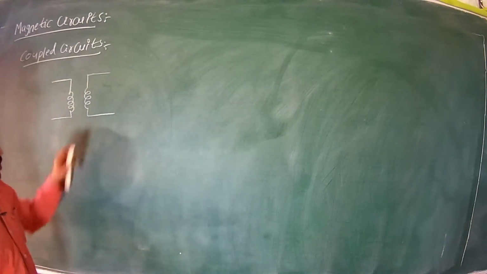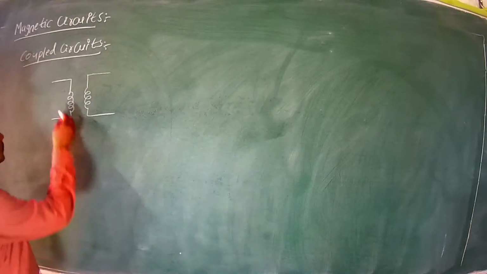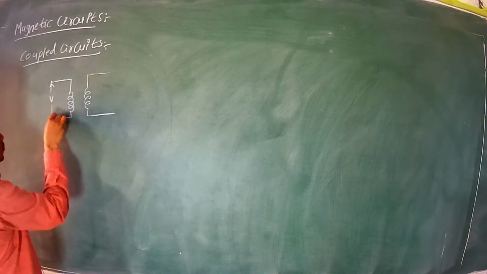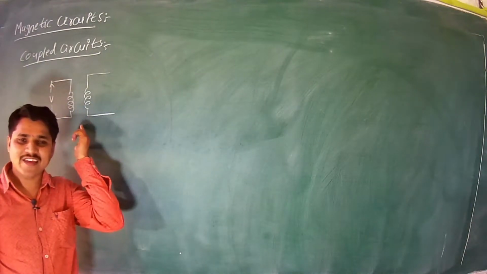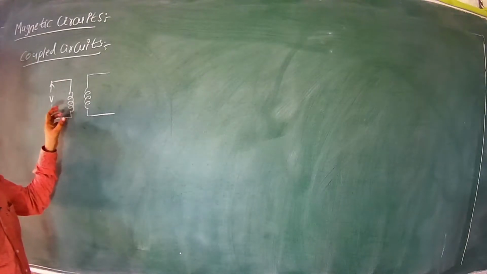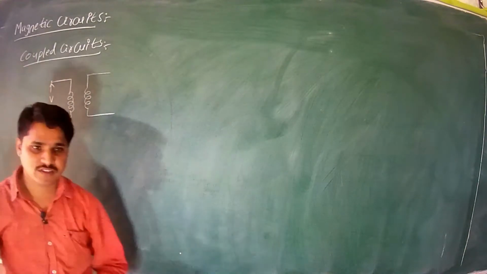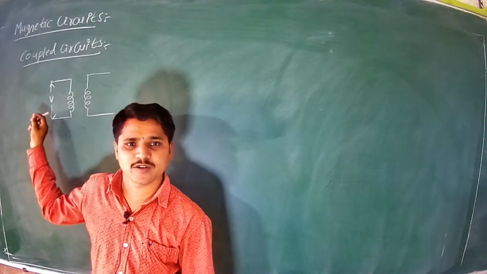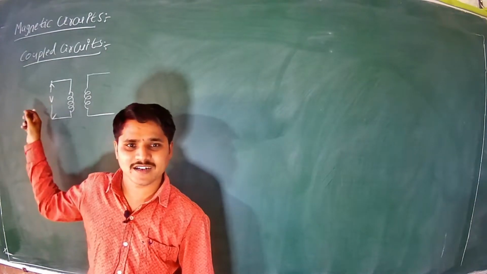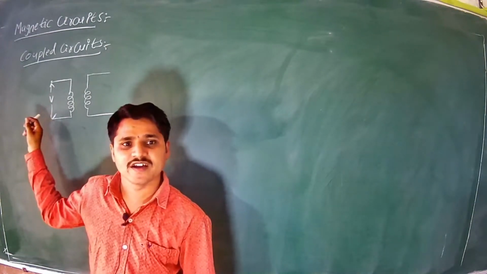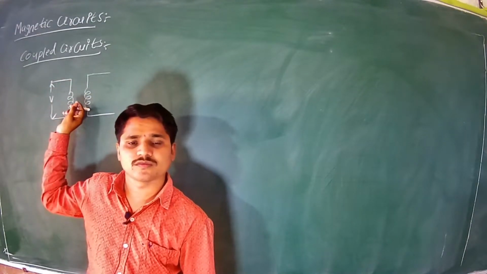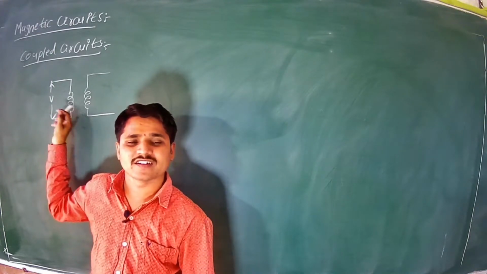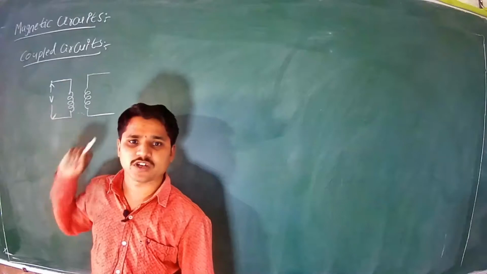Whatever electrical energy is supplied to the first circuit, either part of it or the entire energy, is transferred to the second circuit without any electrical connection.